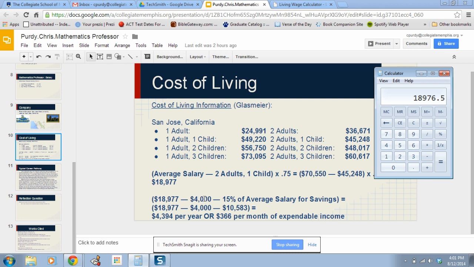That $4,000 represents student loan debt that you will have to repay each year, more than likely, in the average person's situation. Next, you will subtract another 15% of that original average salary, which was, remember, up here in my case, $70,550, and that's for savings. 15% of your gross salary is a really good idea for savings.